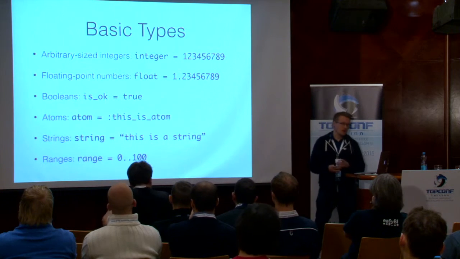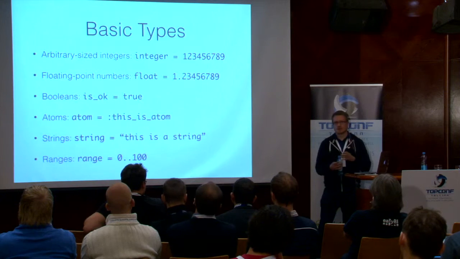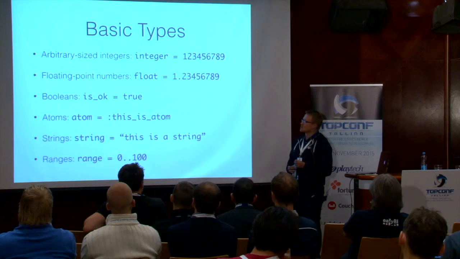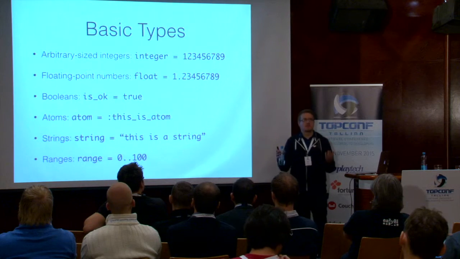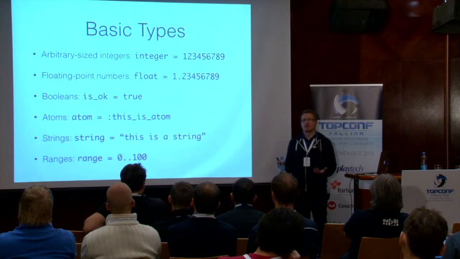So atoms are constants, where basically their name is their value, and they are used quite heavily in Elixir. So basically, the most common place is as a return value from a function.